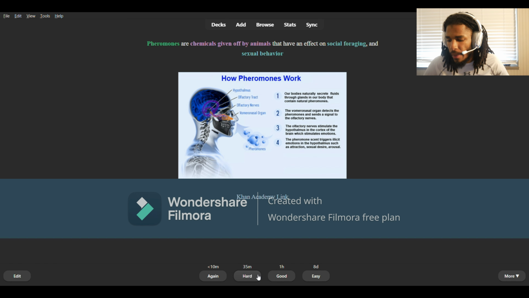Pheromones. Our bodies naturally secrete fluids through glands on the body that contain natural pheromones. Thalamus, olfactory tract, olfactory nerves, vomeronasal, or oh, my pheromone. Okay, guys, I have no clue.